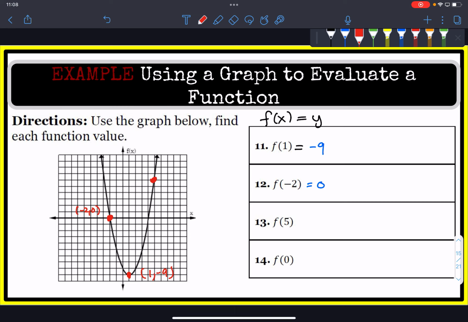So when x is equal to 5, 1, 2, 3, 4, we have a y value at 6. So there's your answer there. And when x is equal to 0, the y value is negative 8.